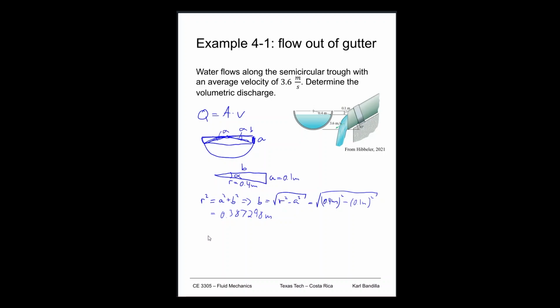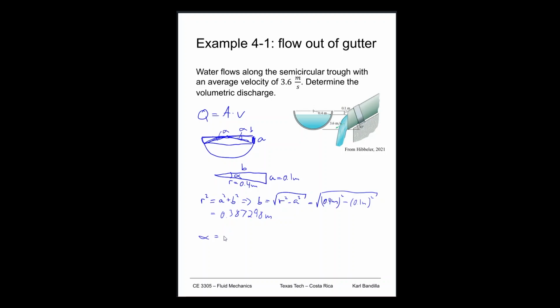We can also find out what the angle is. So we can say alpha. We have A, and we have R, so we'd have the opposite leg.